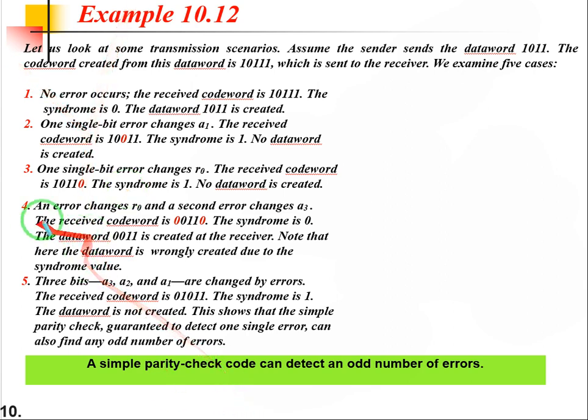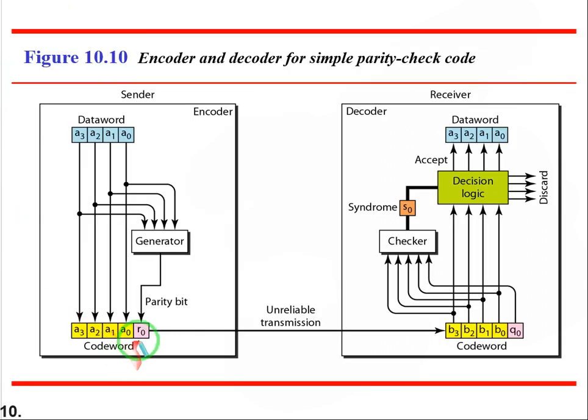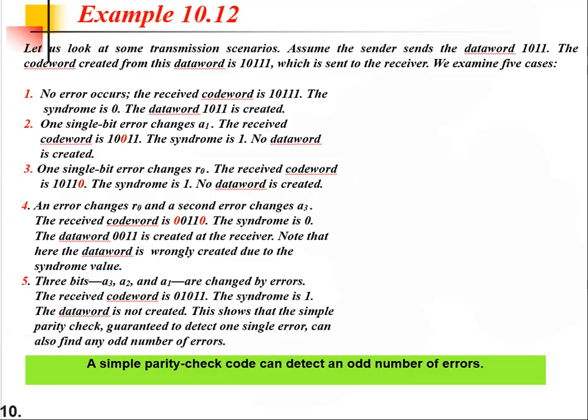Coming to the fourth one, an error changes, and a second error changes A3. Two bits are going to be changed, this one and this one. So what should be our code word in the receiver? 00110. Now in this case, you can see that the number of ones is even, but there is a 2-bit error.